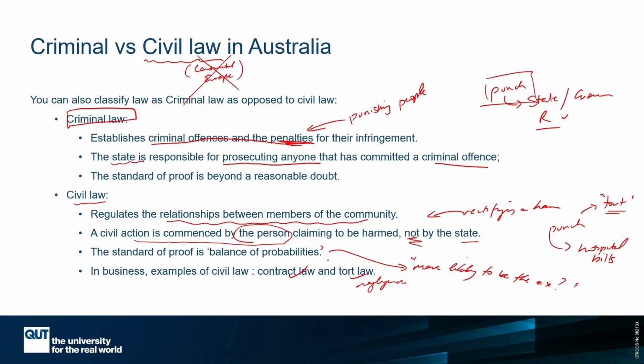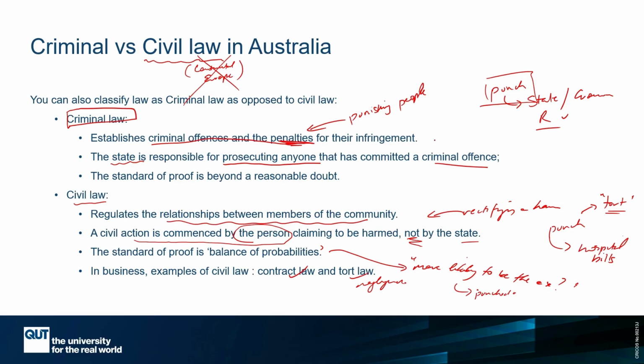Well, what the judge has to decide is, on the balance of probabilities, is it more likely that I slipped and hit you or more likely that I punched you? And depending upon the facts, you might say, on the balance of probabilities, it's more likely you punched him because it's hard to imagine how you would hit someone that hard.